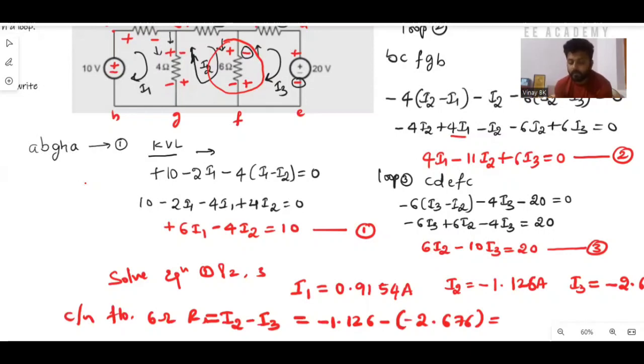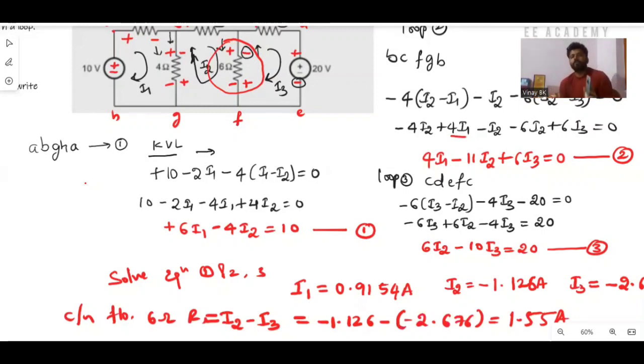Minus 1.126 minus of minus 2.676, that is plus 2.676. You get 1.55 amperes, and this is the answer. Suppose I consider I3 minus I2, that is minus 2.676 plus 1.126, you get minus 1.55.